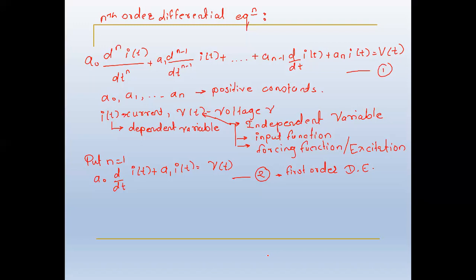Which are those two types? First, it is known as the homogeneous equation, and the second one is the non-homogeneous equation.